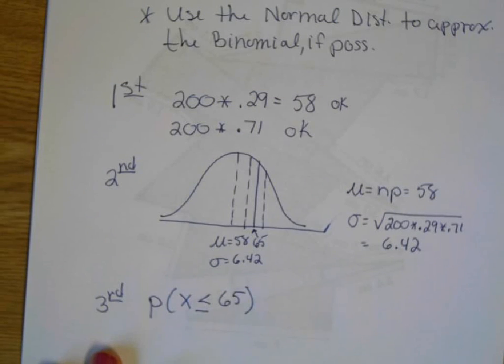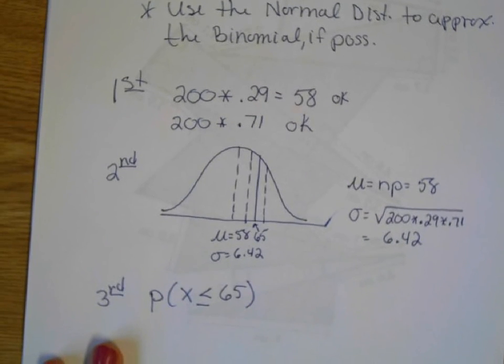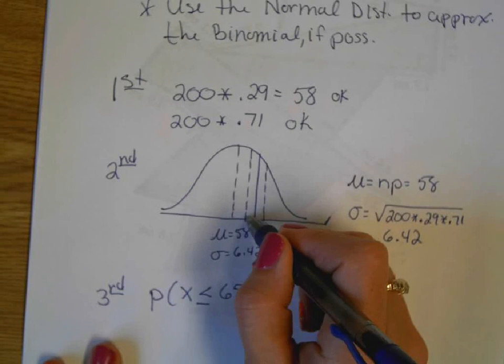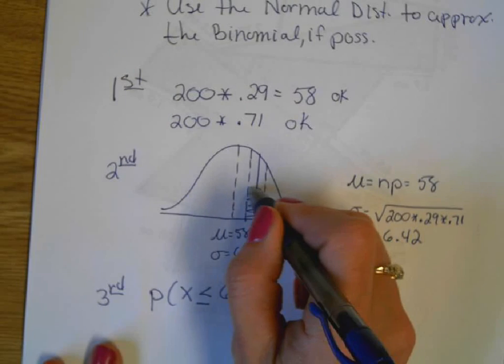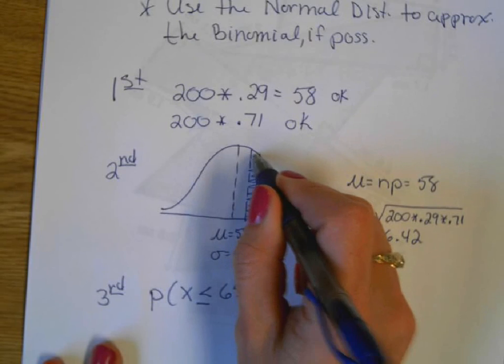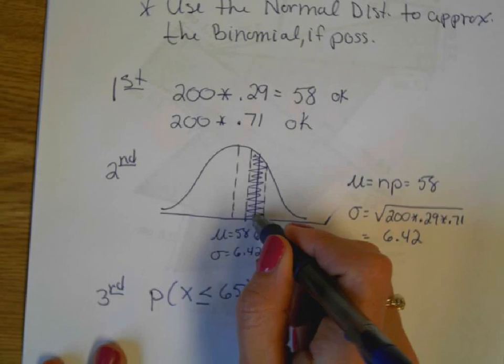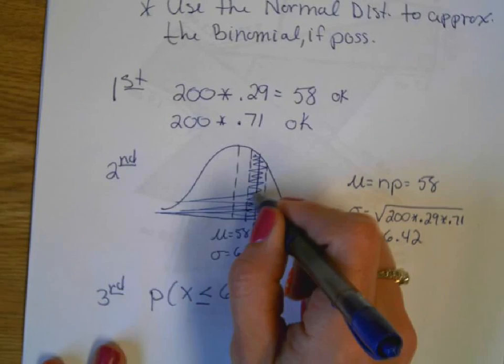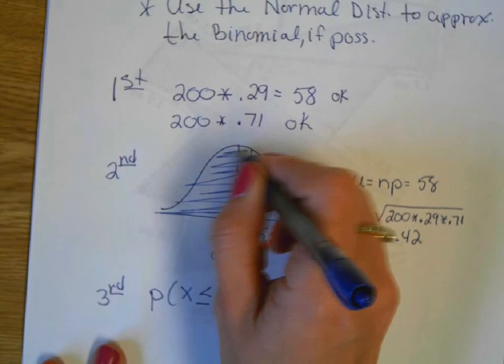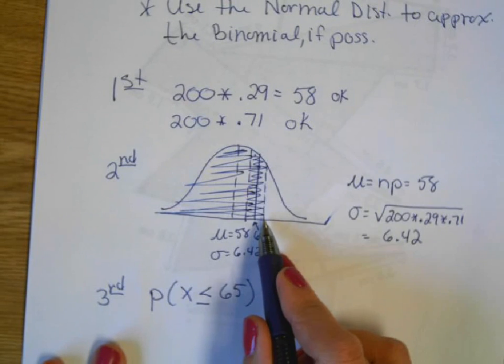So, do I shade in the 65 bar? Does x actually equal 65? Yes, so I shade the whole bar in. Now, which side of the bar am I shading? Because we've got x is less than or equal to 65. To the left. So how far did the shading actually reach? 65.5.